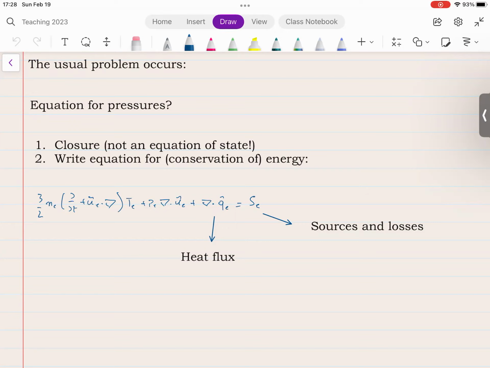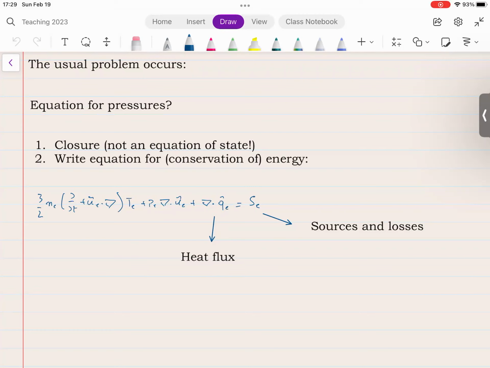Now, I can use an equation of state to relate temperature, pressure, and density. In other words, the temperature is not a new unknown. I can express it in terms of the pressure. It's just more convenient to write it that way.